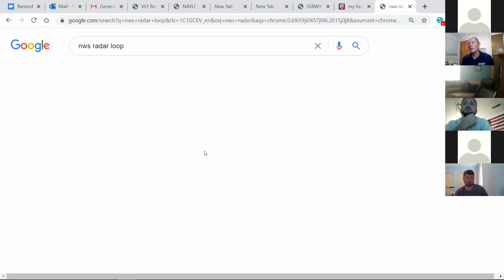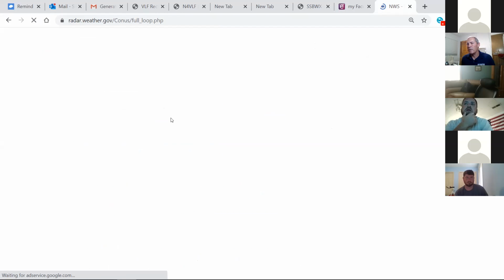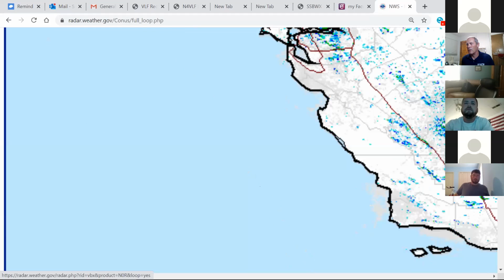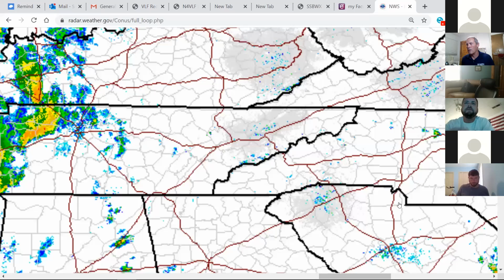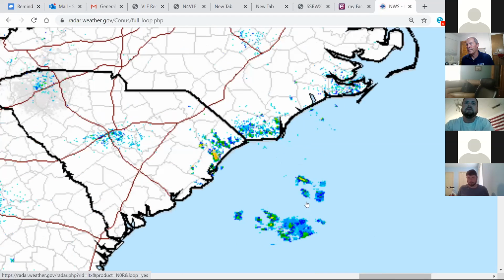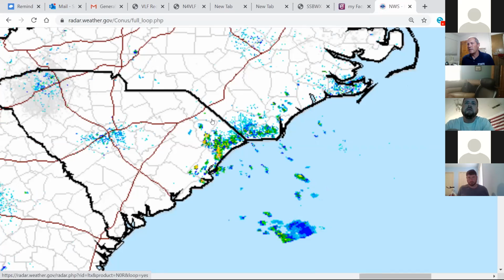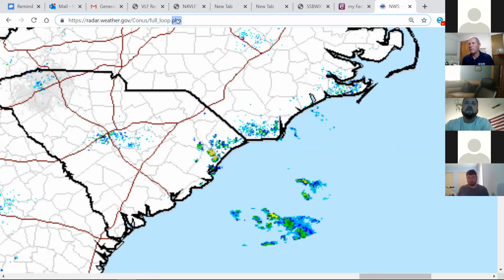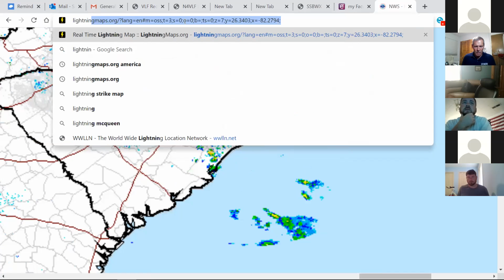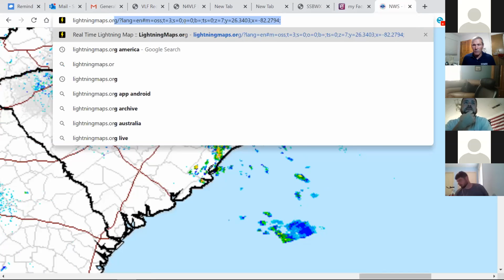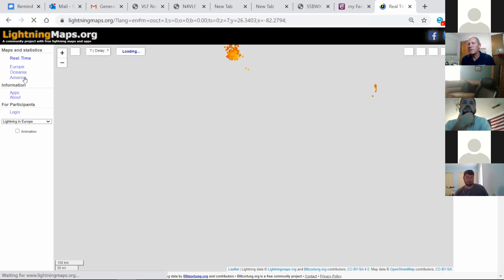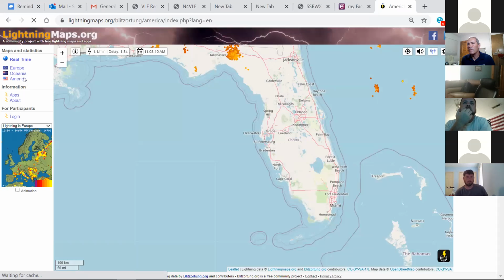There's a lot of lightning, isn't there? That's what we're getting ready to look at. Well, it seems isolated. Let me look at one more. lightningmaps.org. And let's go to the Americas.